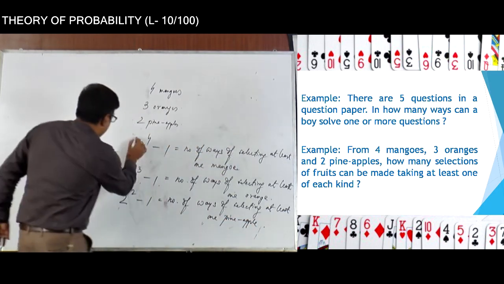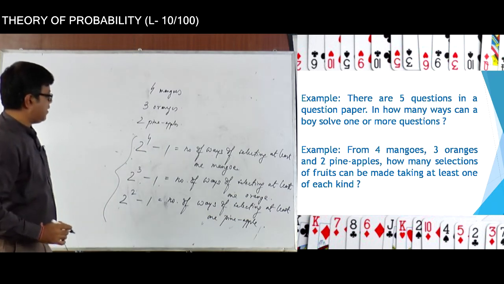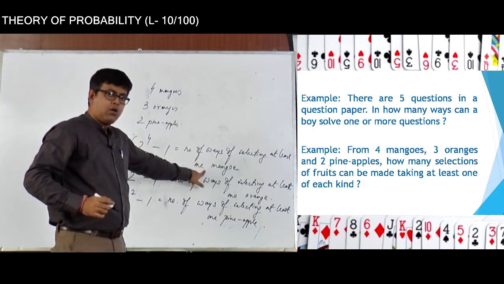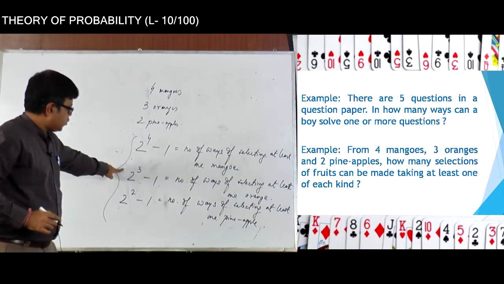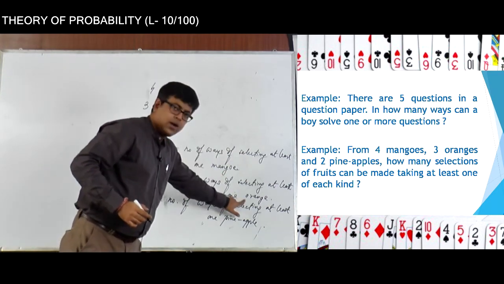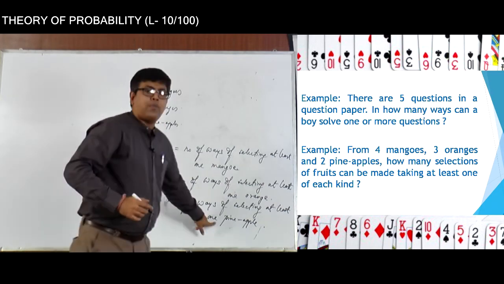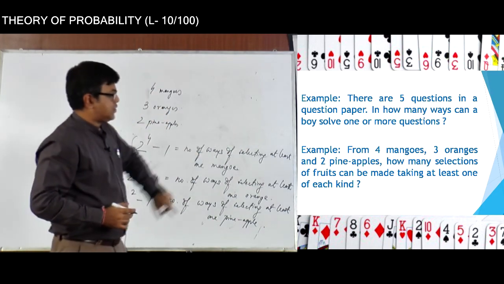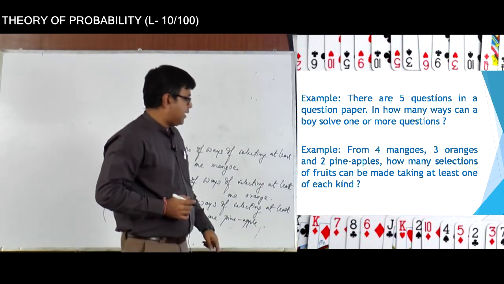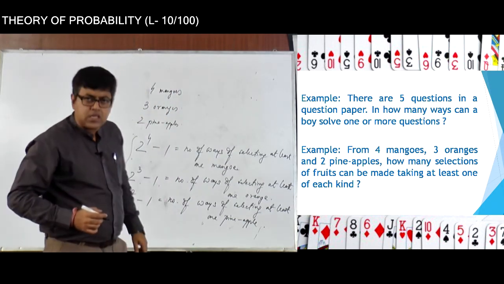So what I've got is: 2 to the power 4 minus 1 is the number of ways of selecting at least one mango, 2 to the power 3 minus 1 is the number of ways of selecting at least one orange, and 2 to the power 2 minus 1 is the number of ways of selecting at least one pineapple. My question asks how many selections of fruits can I make taking at least one of each kind?